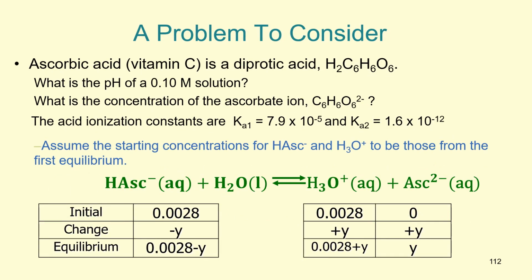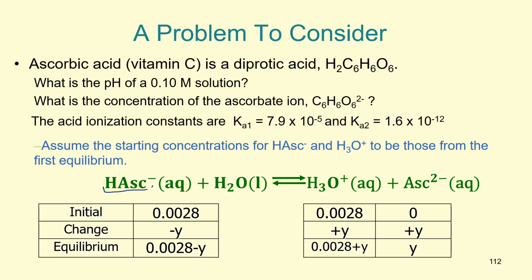Our initial concentration of hydrogen ascorbate is 0.0028. We figured that out after the first equilibrium. So it's no longer 0.1 because only a small percentage has dissociated to the HAsc.